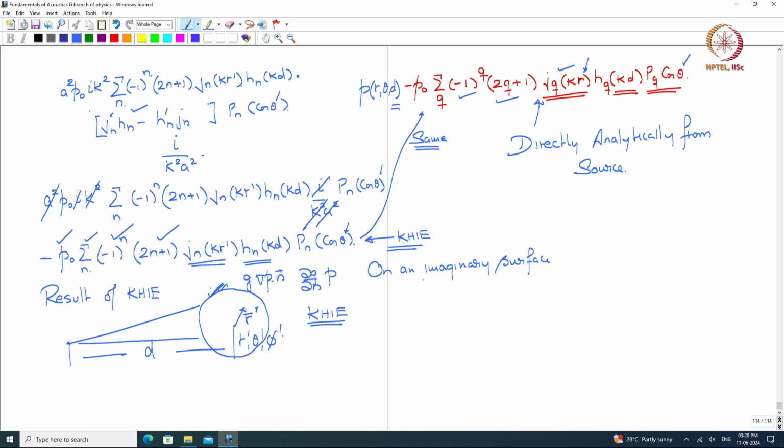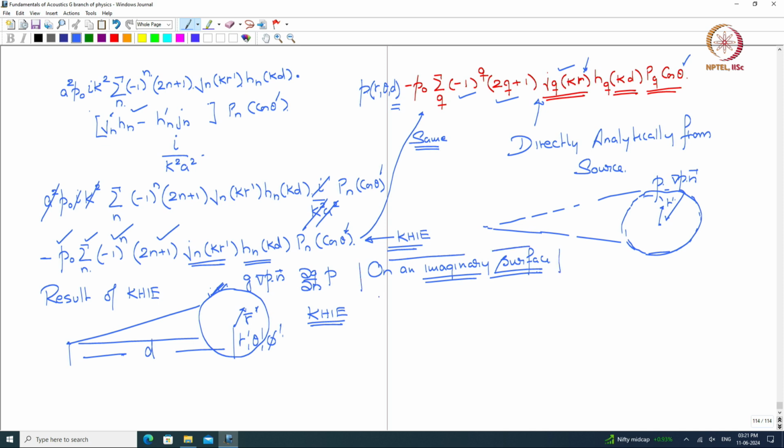Therefore that surface is imaginary. You can have an imaginary surface, on that you compute the effects of the source in terms of P and del P dot n, and use that information to find the pressure at a certain location r dash. So that surface is imaginary, that is the whole idea.